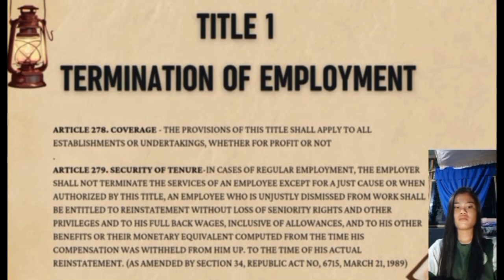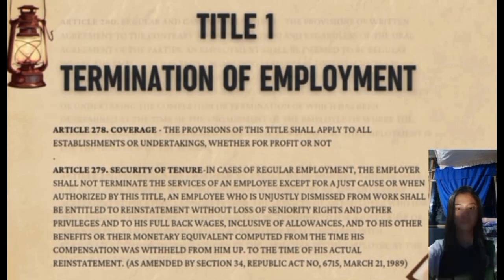So it means once an employee is deemed regular, their employment is protected. Regular employees have a right to continued employment as long as they are not terminated for just cause or authorized reasons.